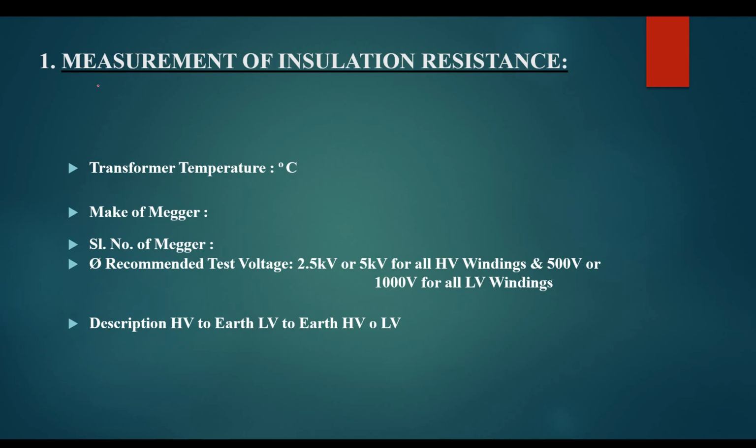Now, measurement of insulation resistance. If you want to make a test report, in insulation resistance kindly write down the ambient temperature, which instrument you are using, and the serial number of the megger. The recommended test voltage is 2.5 kV or 5 kV for all HV windings, and 500 volt or 1000 volt for all LV windings.